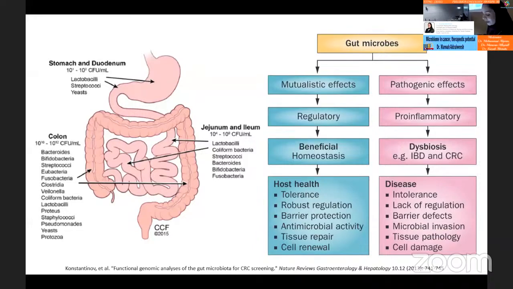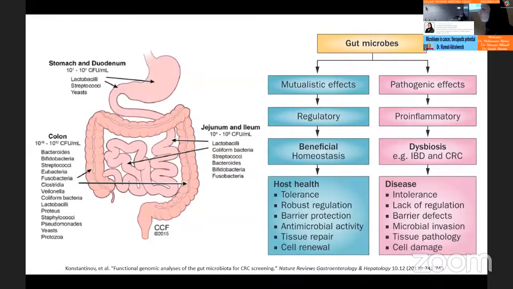Given that the colon has the largest number and highest diversity of microbiota in the human body, there is strong evidence in the literature associating the microbiota present in the colon with the development of colorectal cancer.